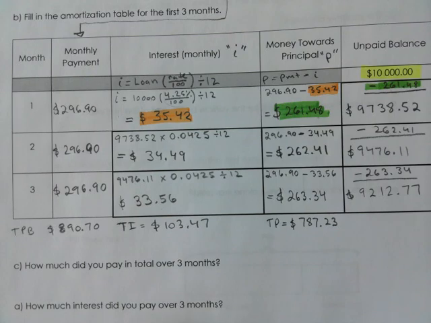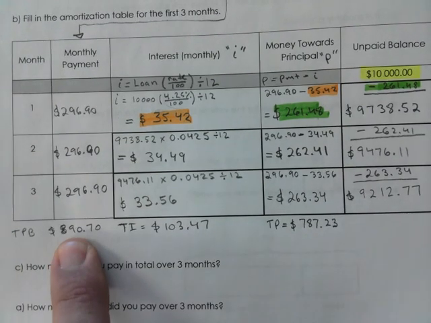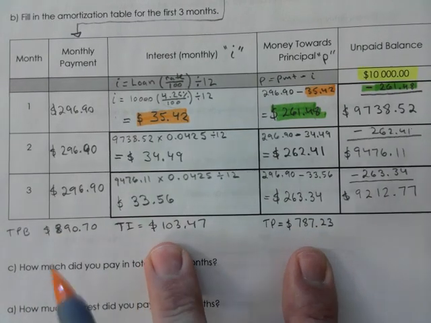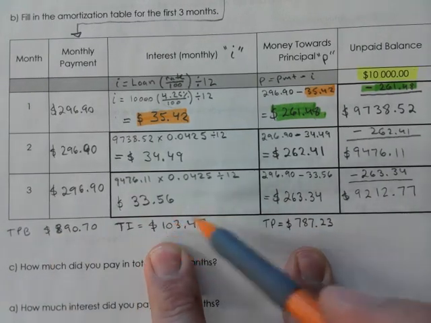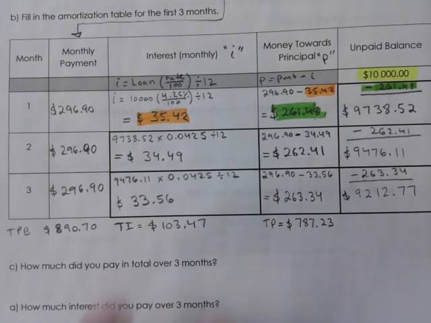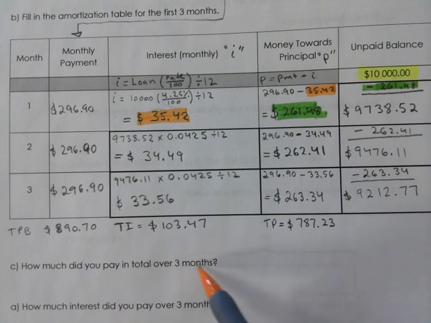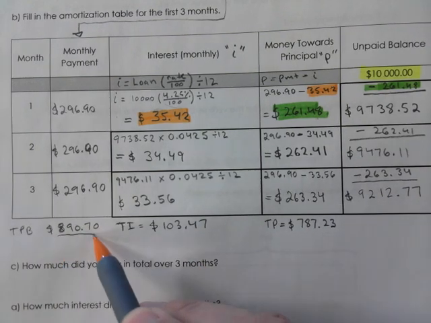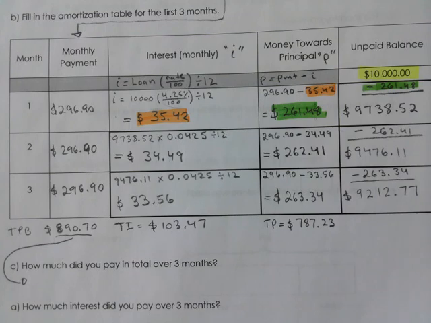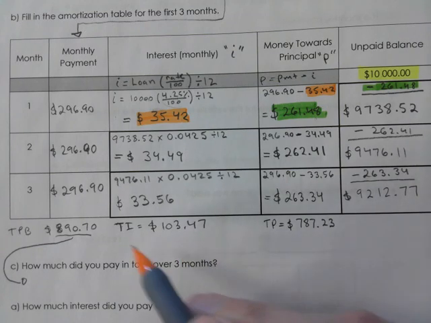Okay. So in all, you paid this much, right? And the bank, out of the 890, took 103 so far, and the 787 actually went towards paying off your loan. So let's do this. How much did you pay over the 3 months? Grab this number and just go arrow there. How much interest did you pay over the 3 months?